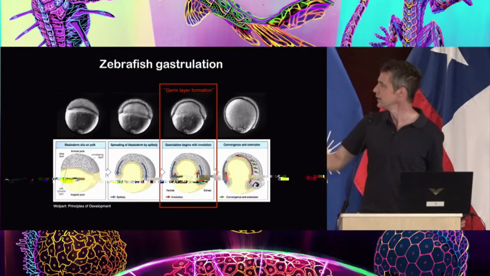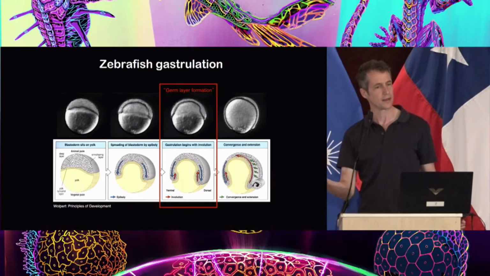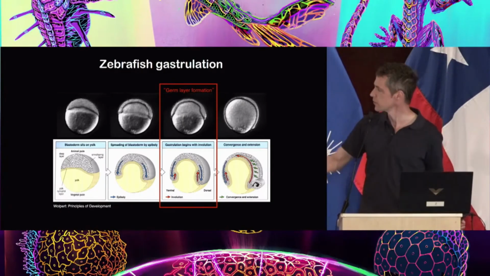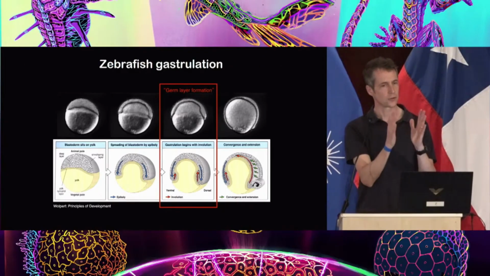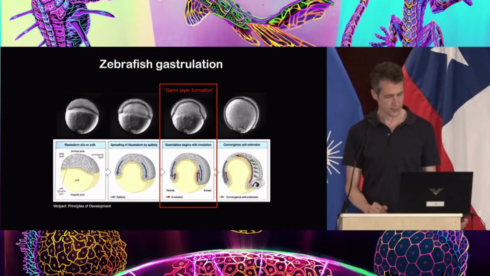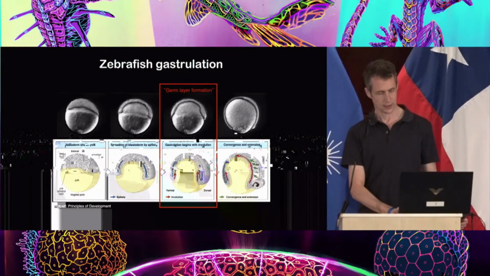The yolk is the brown mass here, and then you have gastrulation, where the red arrow shows the cells going to the inside. They segregate out from the blue arrow, which is up there, and they form two distinct layers or two different tissues. The question we ask is essentially, could that be driven by differences in surface tension between these two populations of cells, ectoderm and mesoderm?